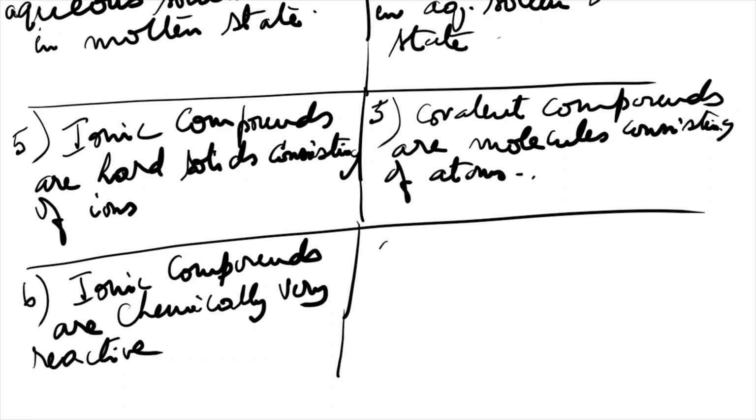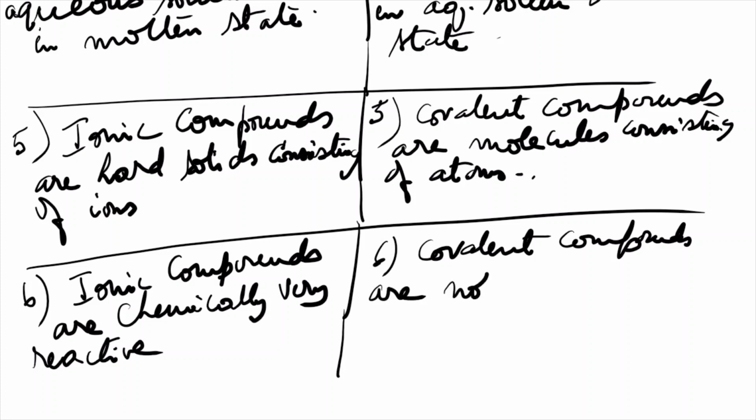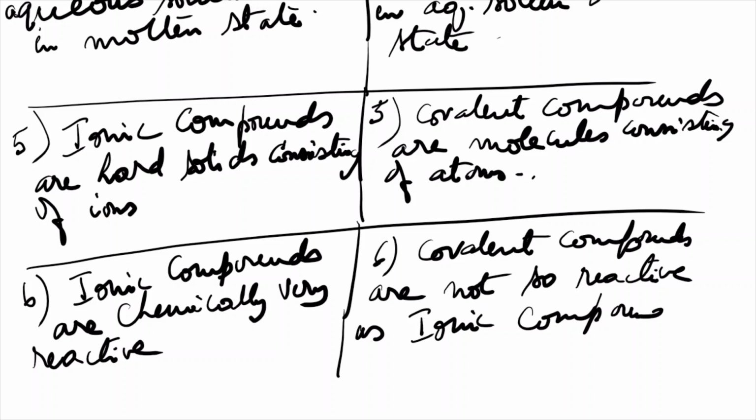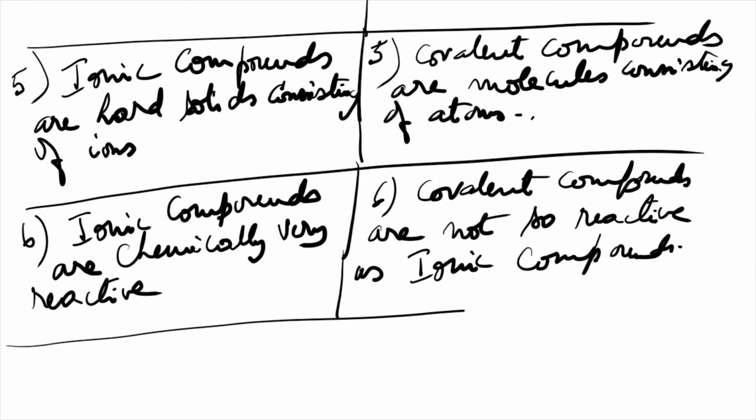Okay, covalent compounds, sorry, covalent compounds are not so reactive as ionic compounds. So this ends the chapter chemical bonding.